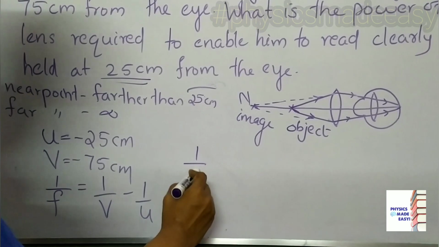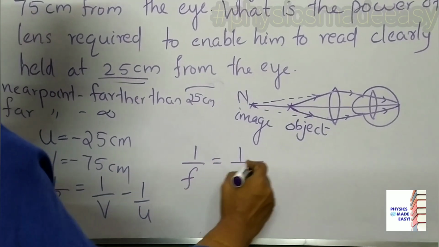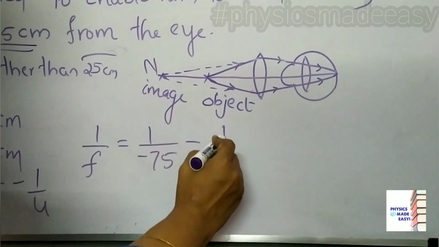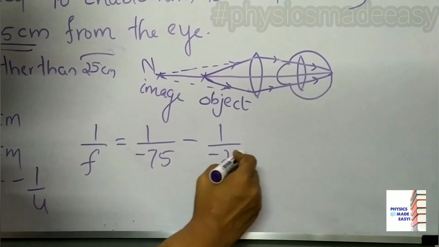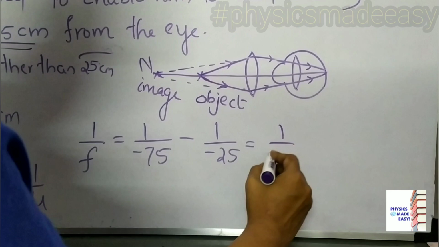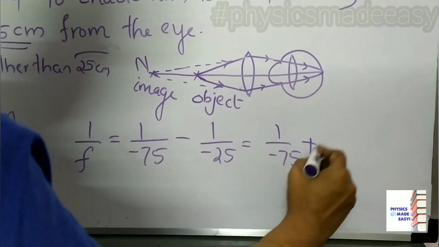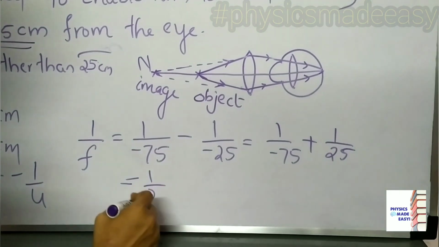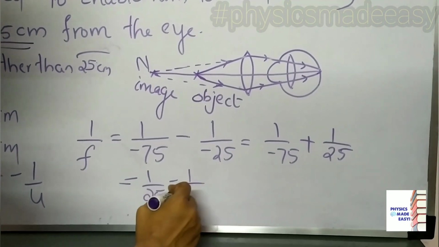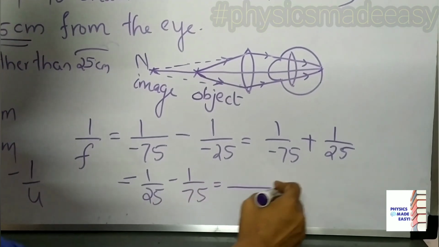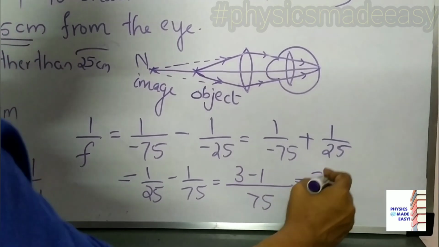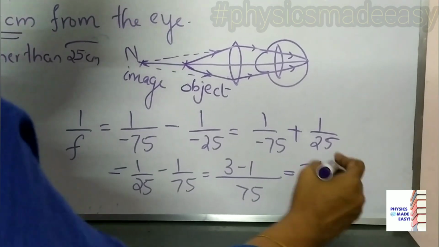Substituting the values, 1 divided by minus 75 minus 1 divided by minus 25, that is 1 divided by minus 75 plus 1 by 25. This you can write as 1 by 25 minus 1 by 75, then 75, 3 minus 1, that is equal to 2 divided by 75.